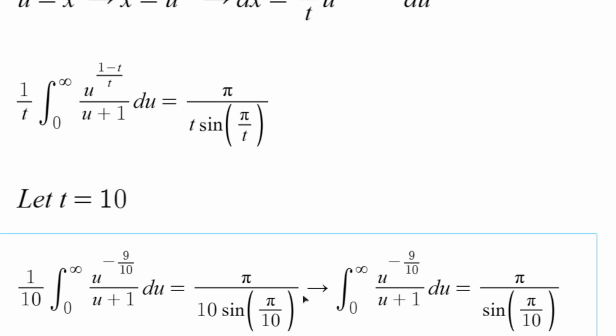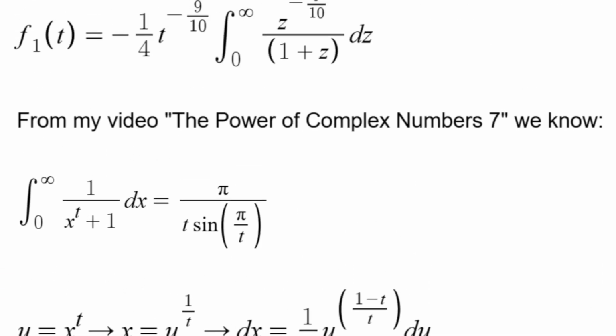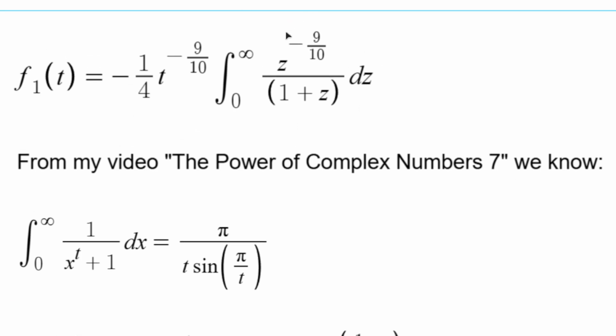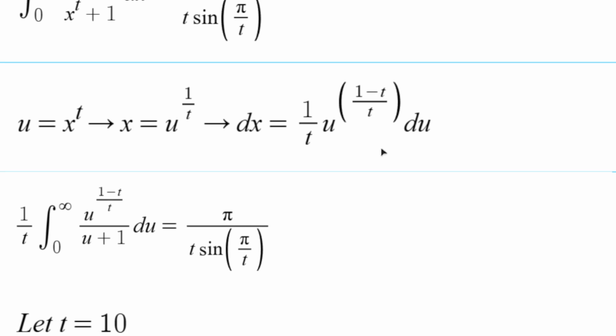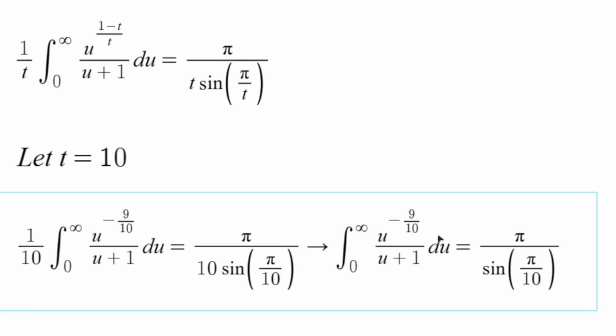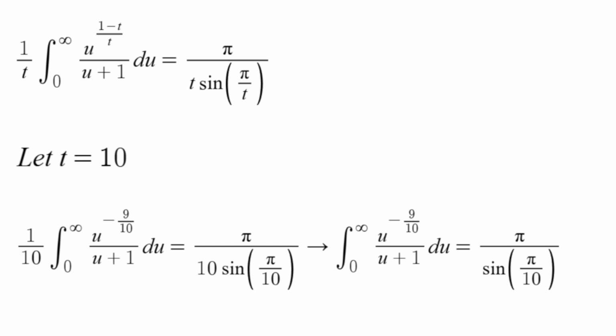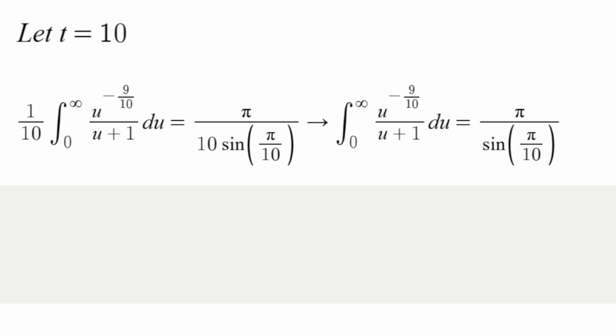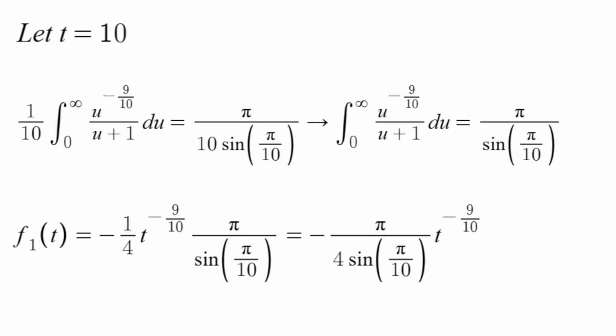All right, multiplying both sides by 10 gives us this. And this is exactly part of our f prime of t. Don't forget, our f prime of t is this. And we just figured out what that is using that modified version of the formula. All right. So we know that this part of our f prime of t is equal to this. And using that, our f prime of t is simply this.